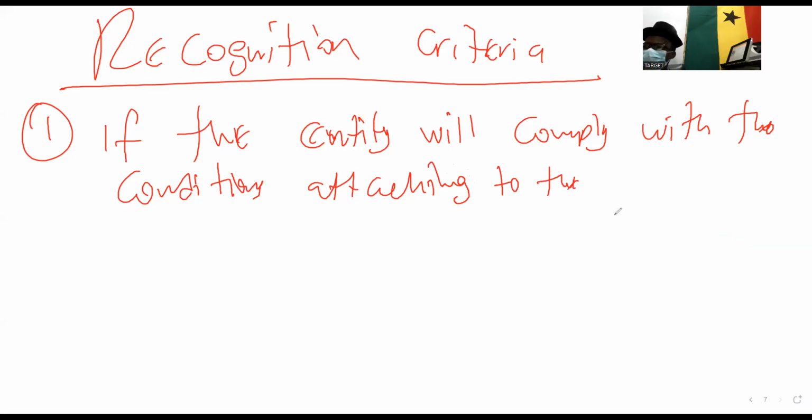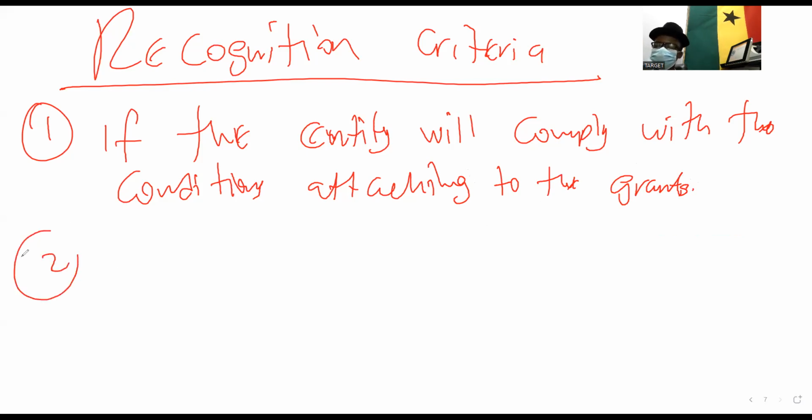This standard is due to be examined. So you see, before you can record grants in your books, make sure that you can what? Fulfill the conditions. So if you know you can't fulfill, please don't go and take the money.